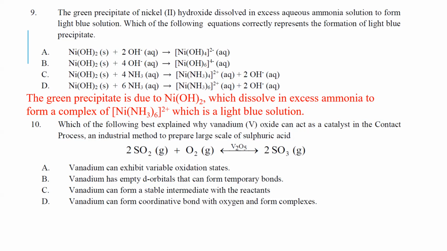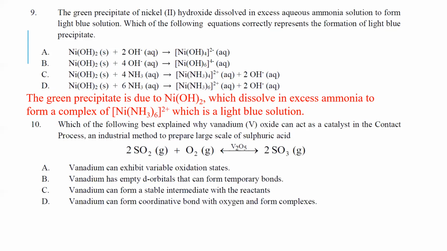Okay, so teacher, how do we know when nickel has coordination number equal to 4 or coordination number equal to 6? Usually elements at the back of the transition elements, for example zinc, for example copper, most of the time they will have 4.